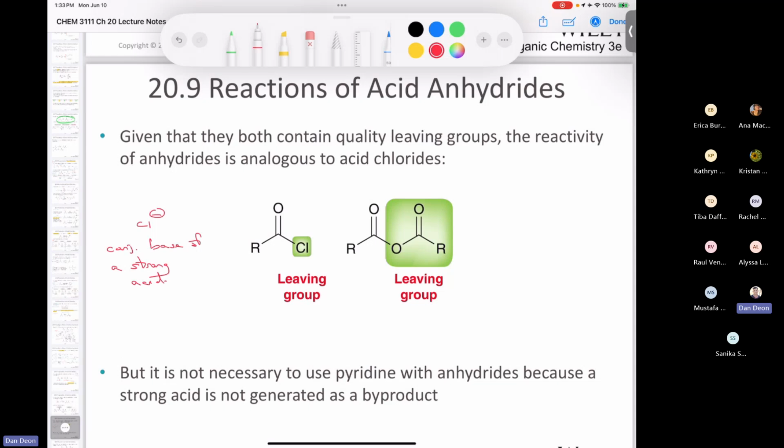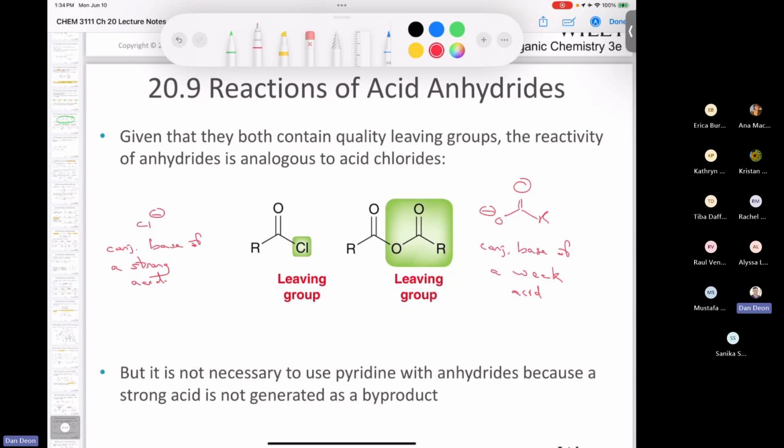Whereas the leaving group over here is going to be a carboxylate ion, which is the conjugate base of a weak acid. And so it's not going to be as good a leaving group, but it also doesn't produce a strong acid, and so we don't have to use pyridine for reactions that involve an anhydride. Why? Because we don't form a strong acid in the end.